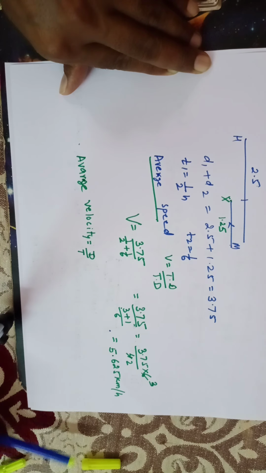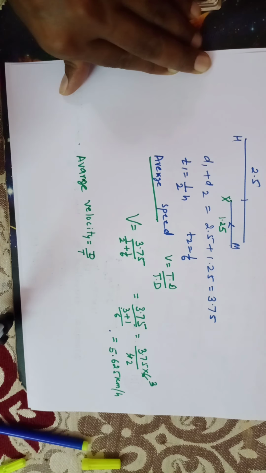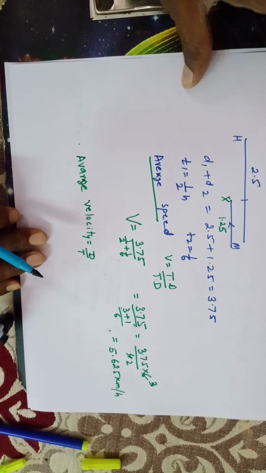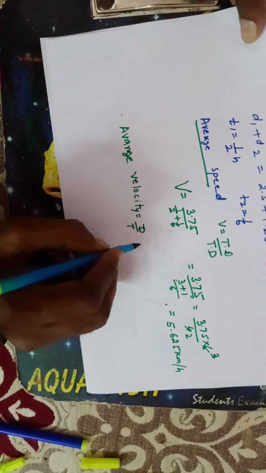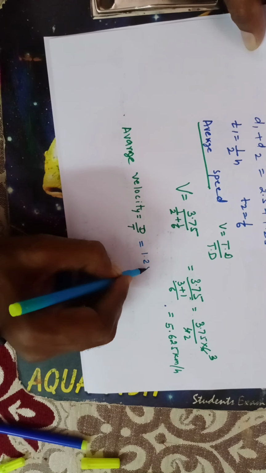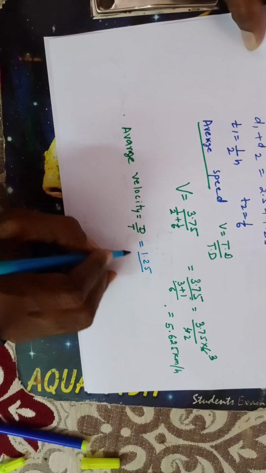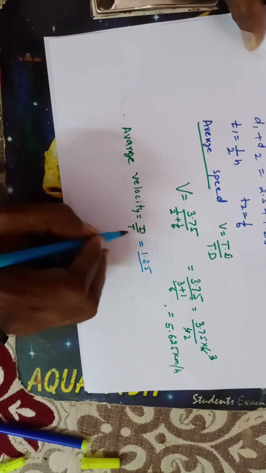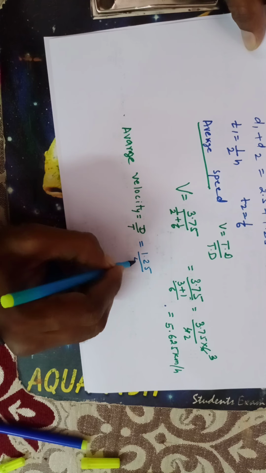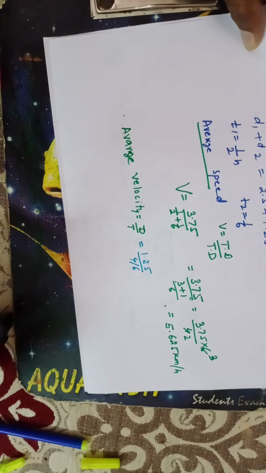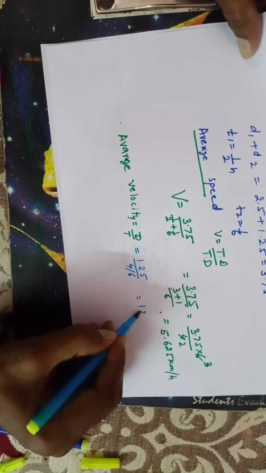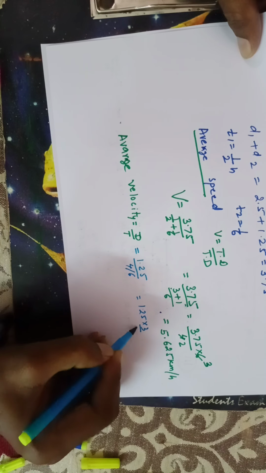So he will travel that 1.25 kilometer. 1.25 is the displacement, and time will be this much only, 4/6. So it will become 1.25 into 3/2.